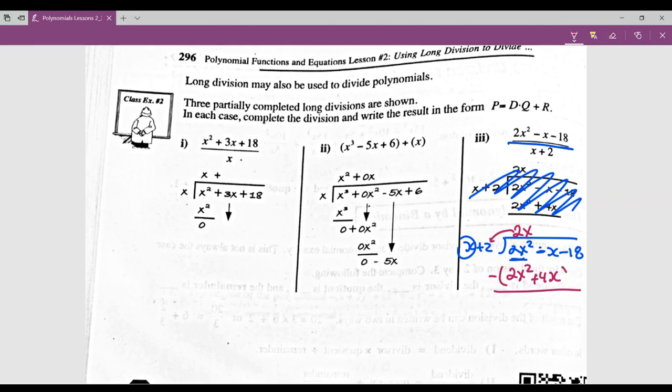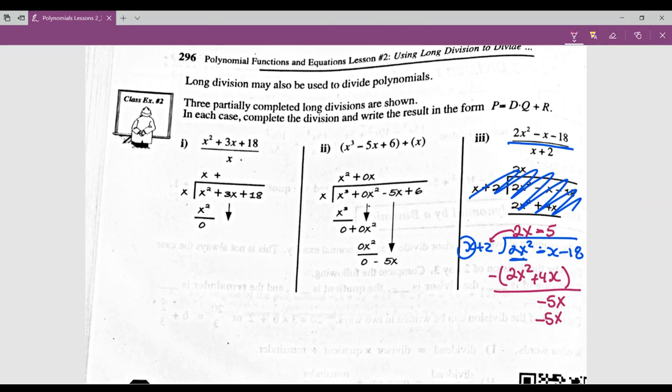Again, subtract 2x squared minus 2x squared. They're gone. Negative x minus 4x is negative 5x. Then you ask yourself, what do I multiply x by to get negative 5x? Multiply by negative 5. Negative 5 times x is negative 5x.